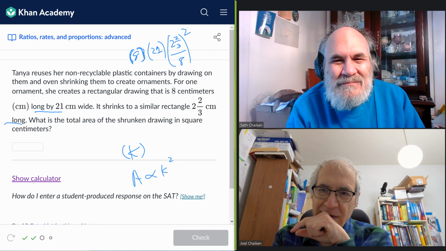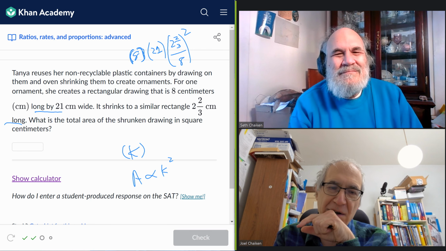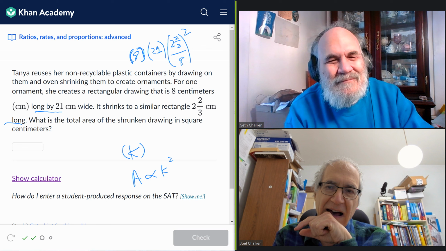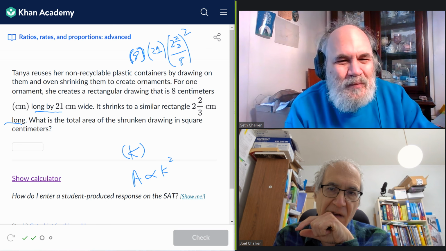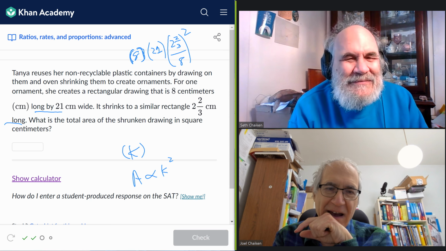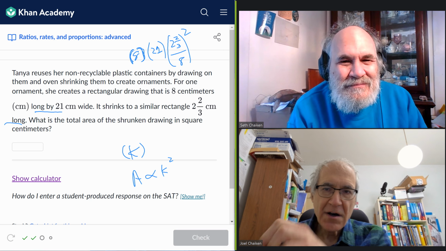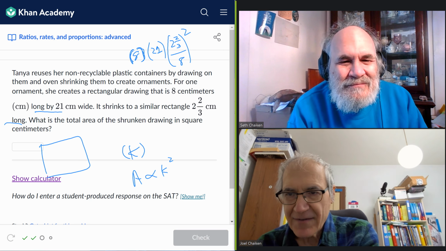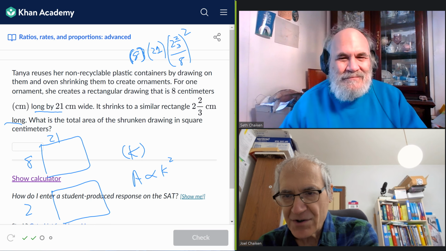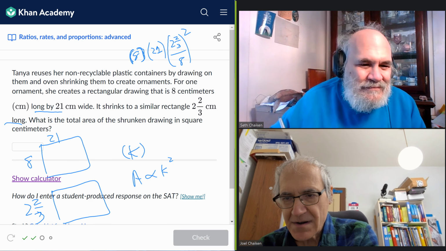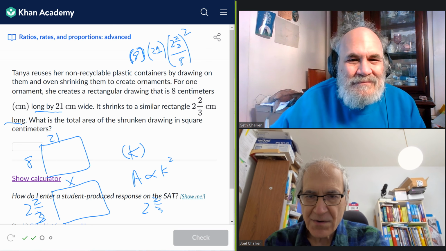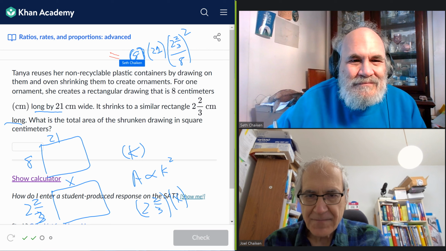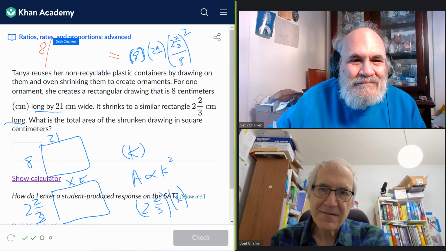The non-cool way of doing it is to calculate the other side and then calculate the new area, which isn't that bad of a way of doing it either. You have an 8 and a 21, and you have a 2 2/3 and an x. So the new area is 2 2/3 times x. But then you have to solve for x.